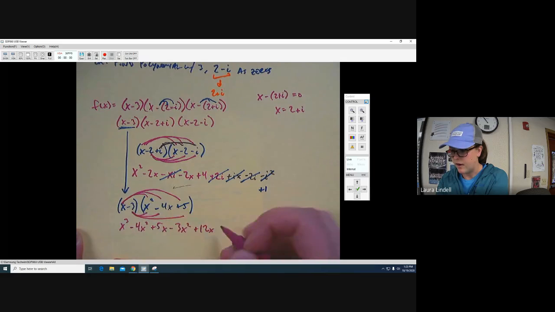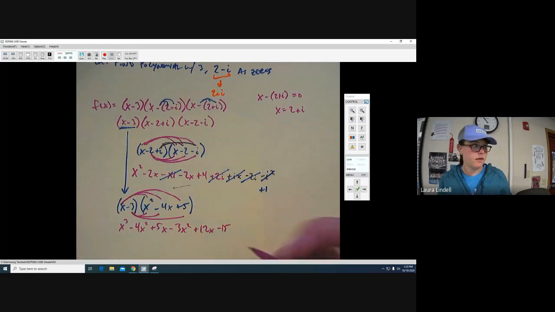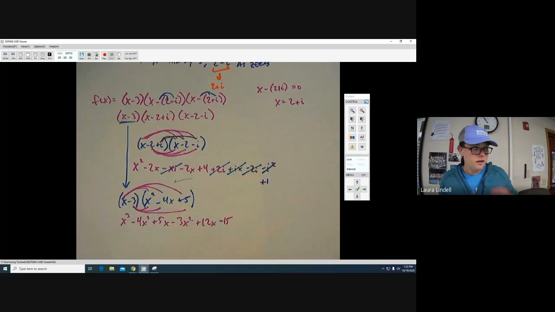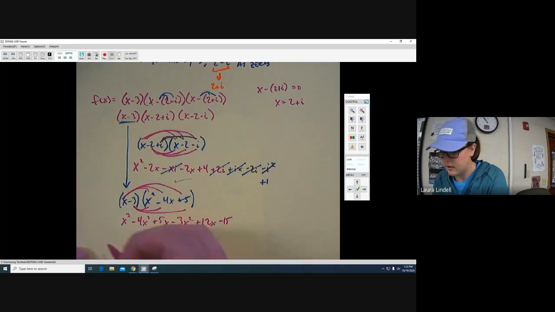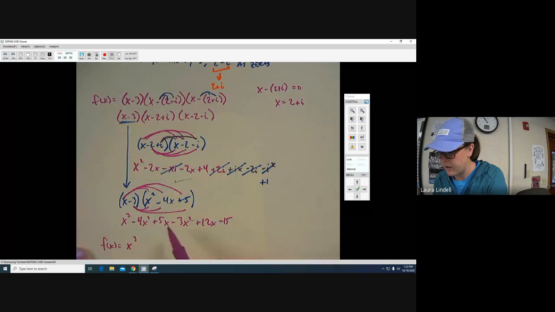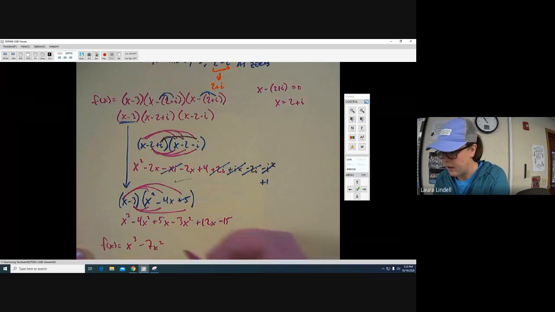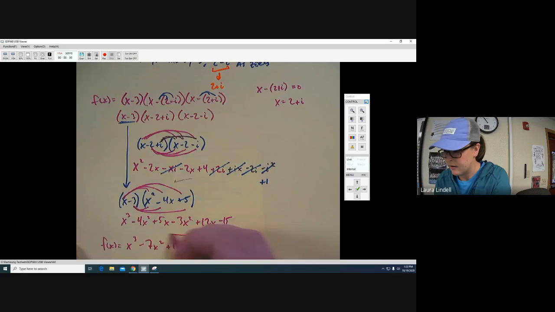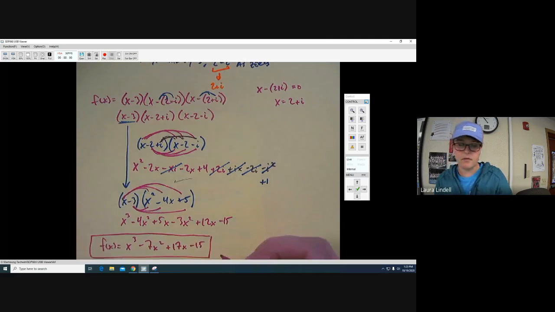And then times 5 is -15. So we simplify things, and then we are all done. So we have x to the third minus 7x squared plus 17x minus 15 for our answer.